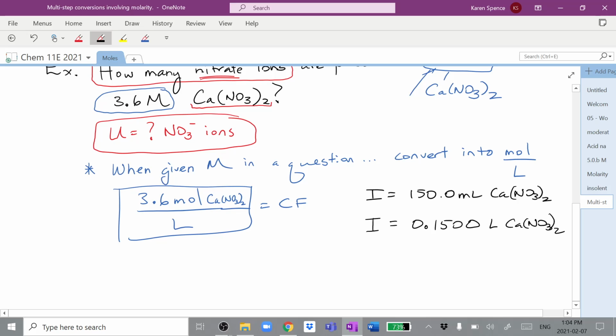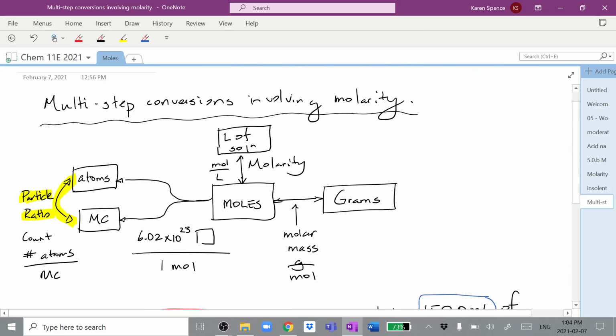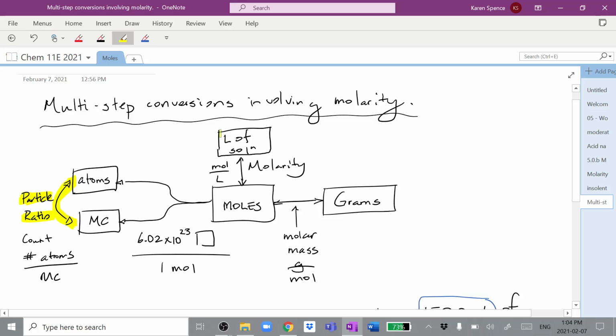This one's a little complicated, so I'm going to map it. I'm going to say, what can I convert into what? I am starting with my initial quantity, 0.1500 liters of calcium nitrate. And that is right up here. I have liters of calcium nitrate, and that's where I'm starting.